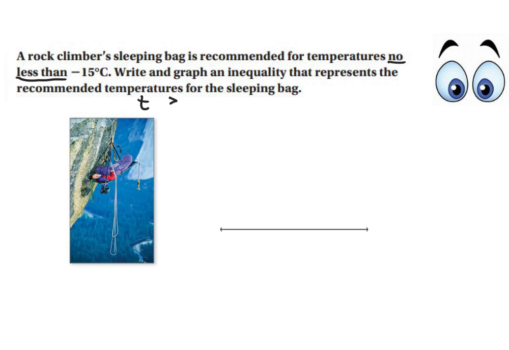That's going to be greater than or equal to. And then negative 15 is the sleeping bag's rating. So when we graph this, we're going to put negative 15. Our circle will be filled in because it's greater than or equal to. And the arrow is going to point over to the right.